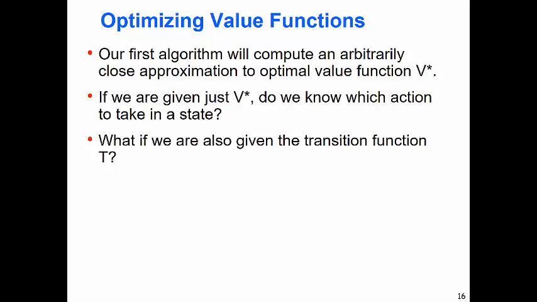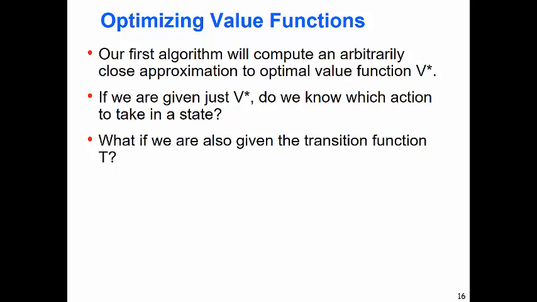So you're giving me the optimal value function, which means I get it for all states. And so I'm in a state, and I say, okay, what if I took action A? I could end up in any of these states here, and I can compute the expected optimal value that I would get in the next state, right? We would multiply that by beta and add on the reward. And I could do that for every action, and we would just choose the greedy action.